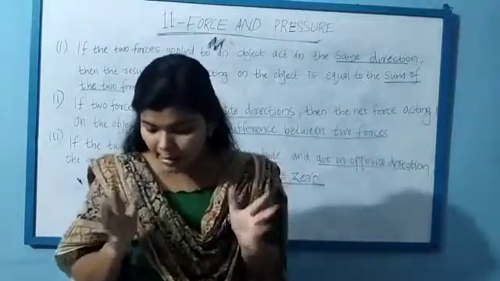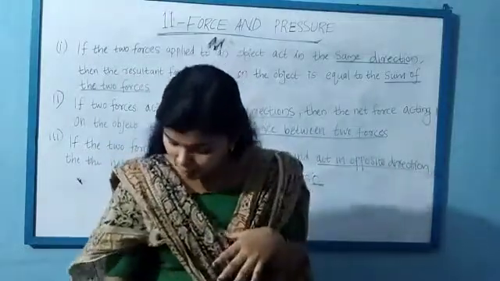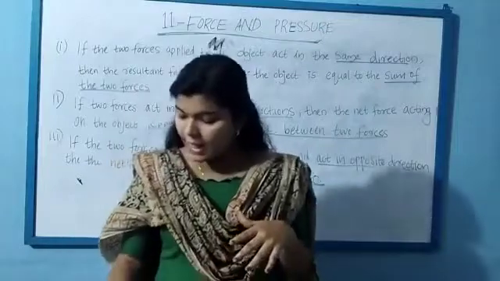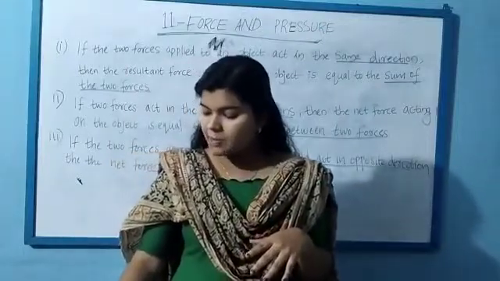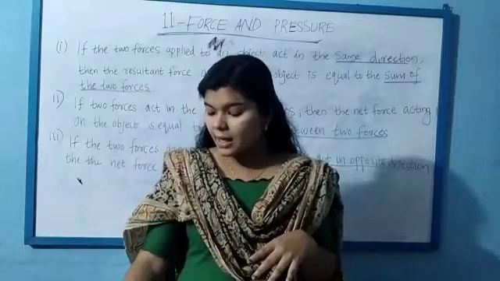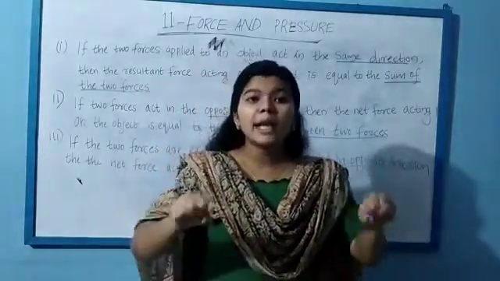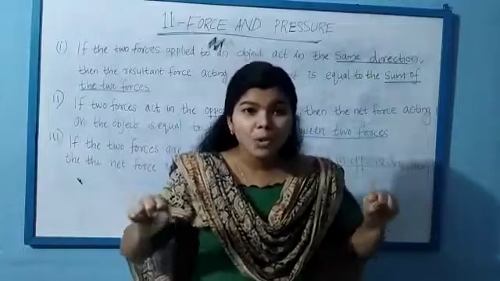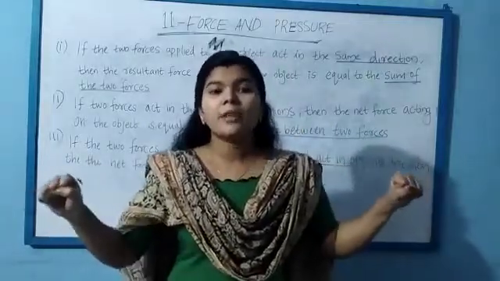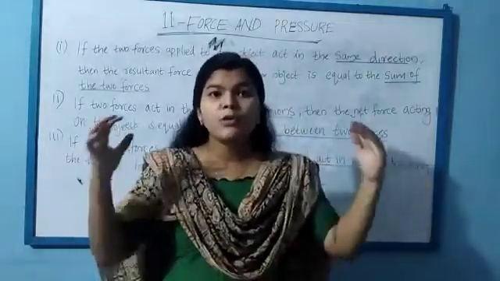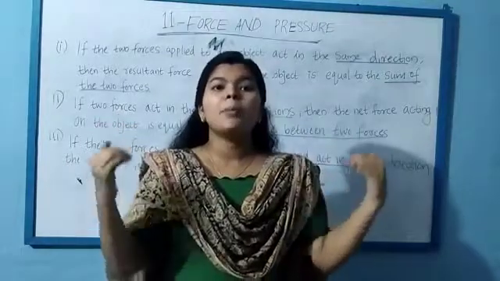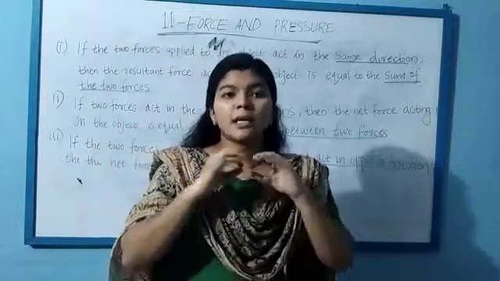A very good example is given in your textbook, page number 189. Here a game is played by the students. That game is tug of war. Both the teams are pulling the rope in opposite directions. If they are applying an equal amount of force in the opposite directions, the rope does not move.